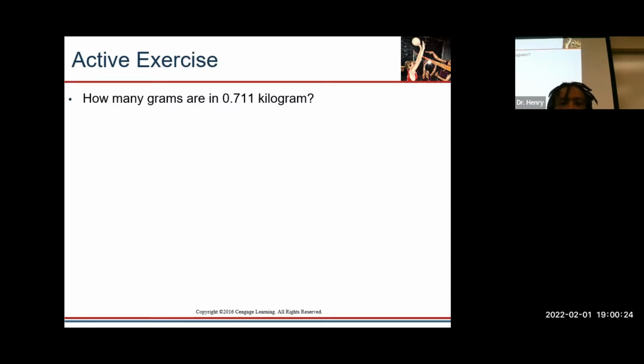Okay. How many grams are in 0.711 kilograms? What's my given, and units? And what do we want?